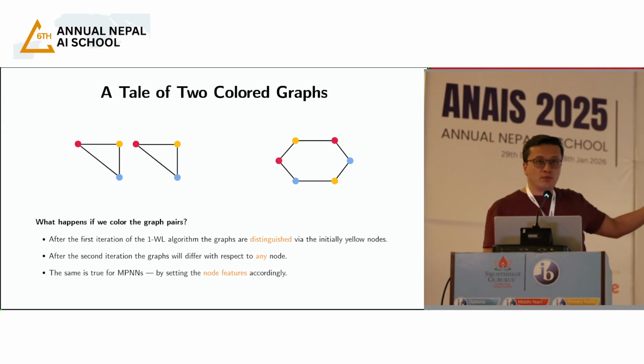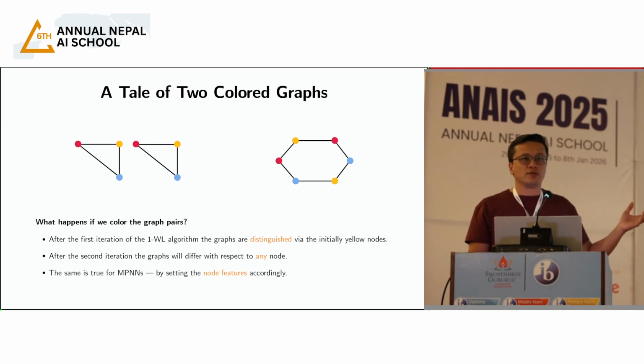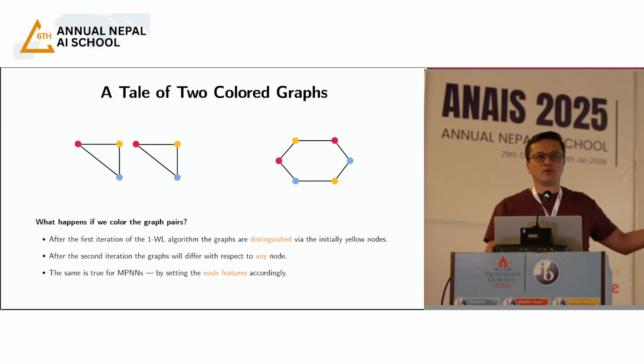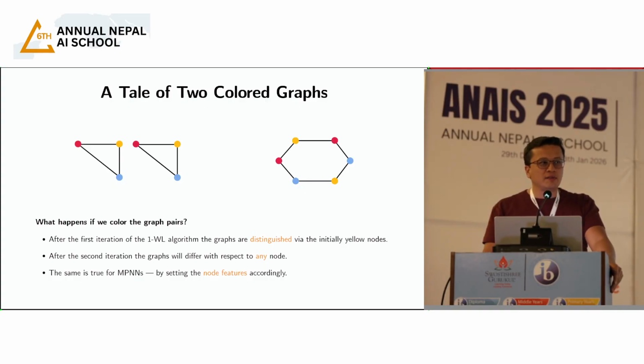So you look at one of the yellow nodes on the triangle. The neighbors I have are one red and one blue, right? Whereas on the hexagon, one of the yellow nodes has only two red neighbors. The other one has two blue neighbors. In both cases, these are different from the neighbors of the yellow node on the triangles, right? So if I make an injective update, then these graphs will already be distinguished.